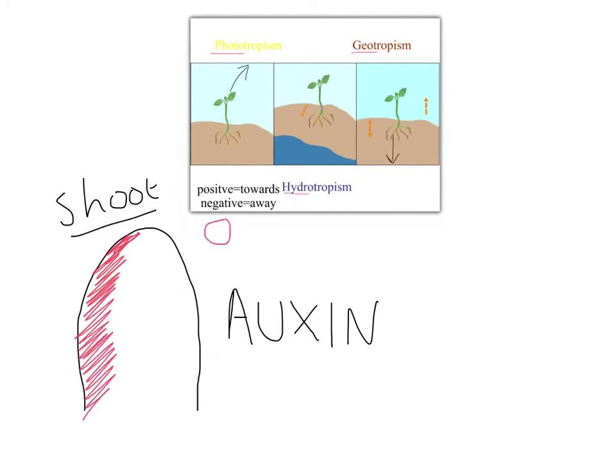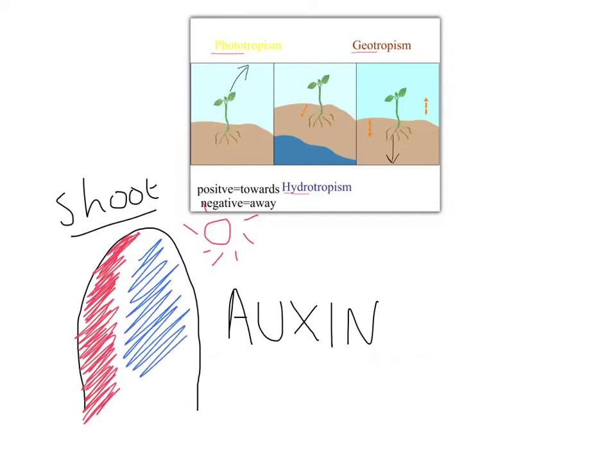If we say the sun is here, the auxin accumulates on the side in shade, and it goes all the way down in solution, down the stem of the plant on this side. Growth is only where that auxin is. So where the red is on this picture, you get growth, and where we have the blue, we get no growth.